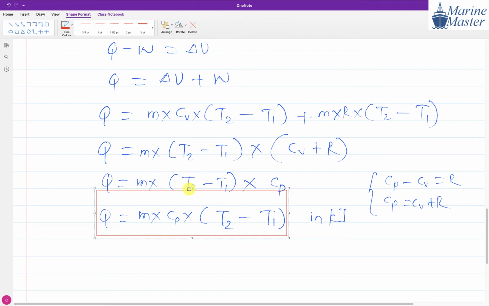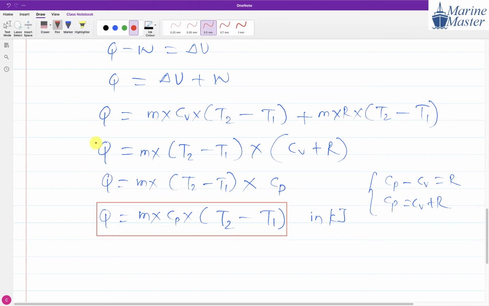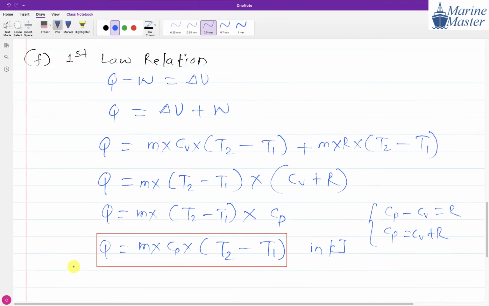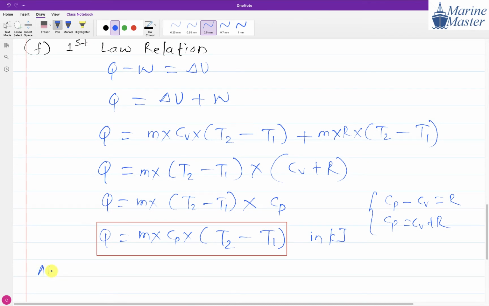So the above relation is used to find out the quantity of heat, that is, heat transfer for constant pressure process.